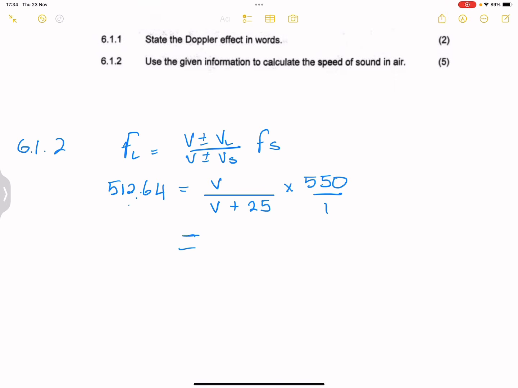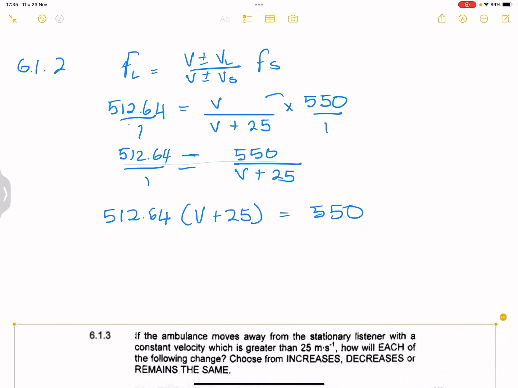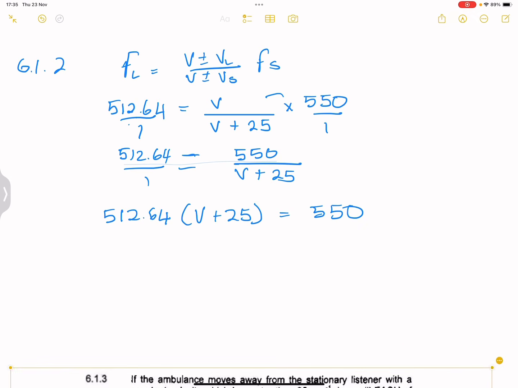This is over 1, so I'm going to multiply numerator to numerator, so that's 550 over V plus 25, which is 512.64 over 1. So we can cross multiply: 512.64 into V plus 25 is equal to 550V. Sorry, I just left out the V there.